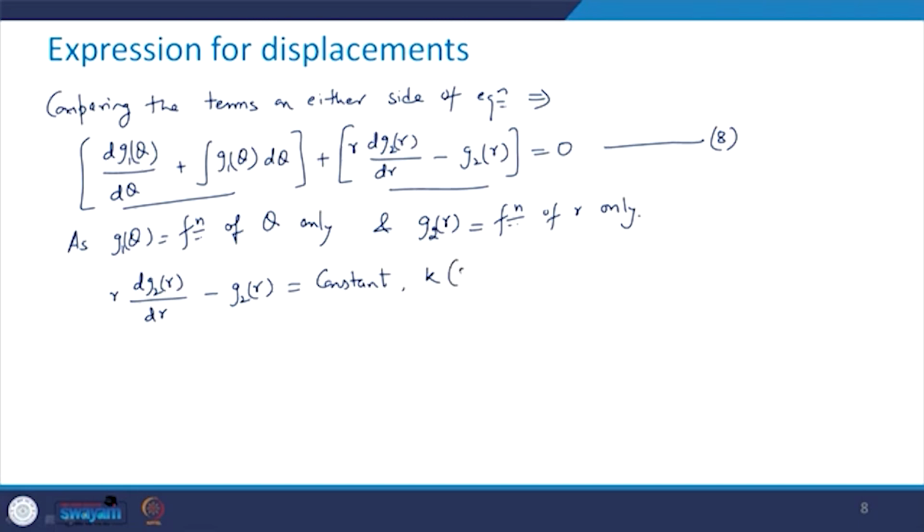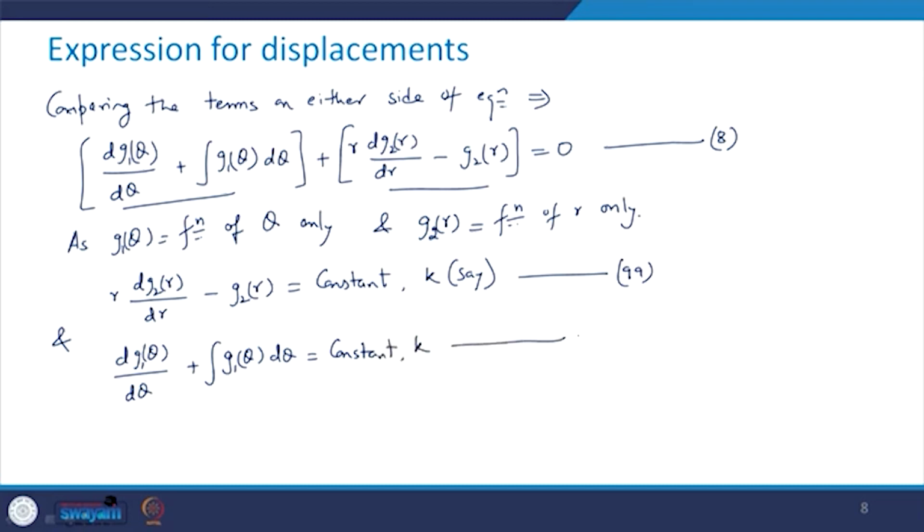Say that constant I write as k, and make this equation 9a. Then you have dg1 theta d theta plus integration g1 theta d theta. This is also going to be a constant, and I say that it is k. This is 9b. This is 9a and 9b.